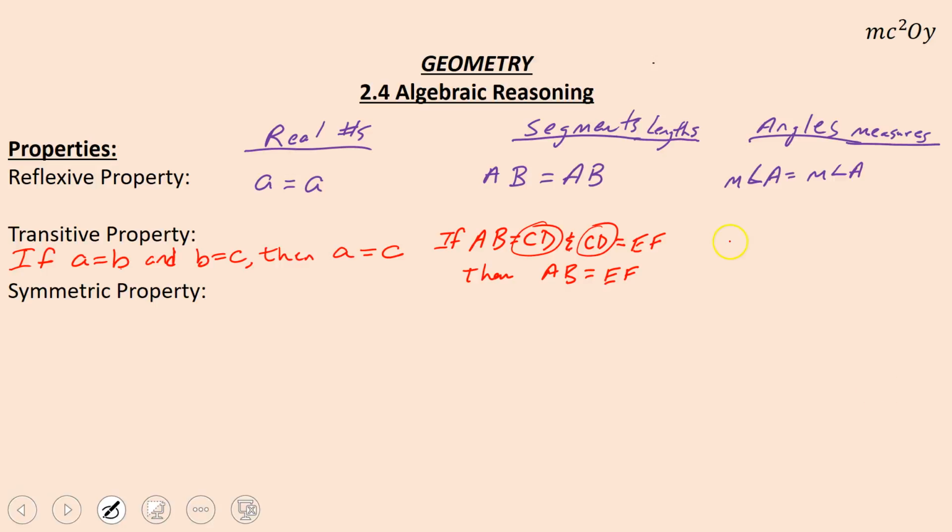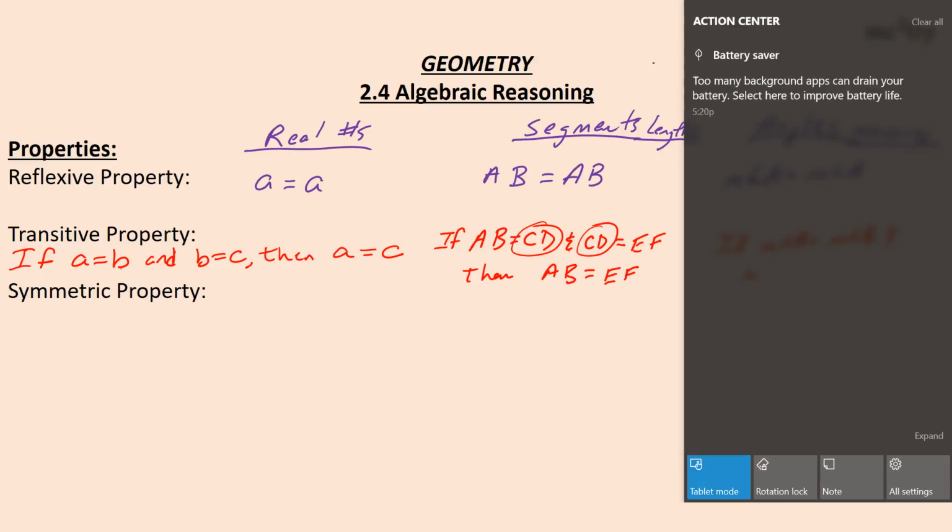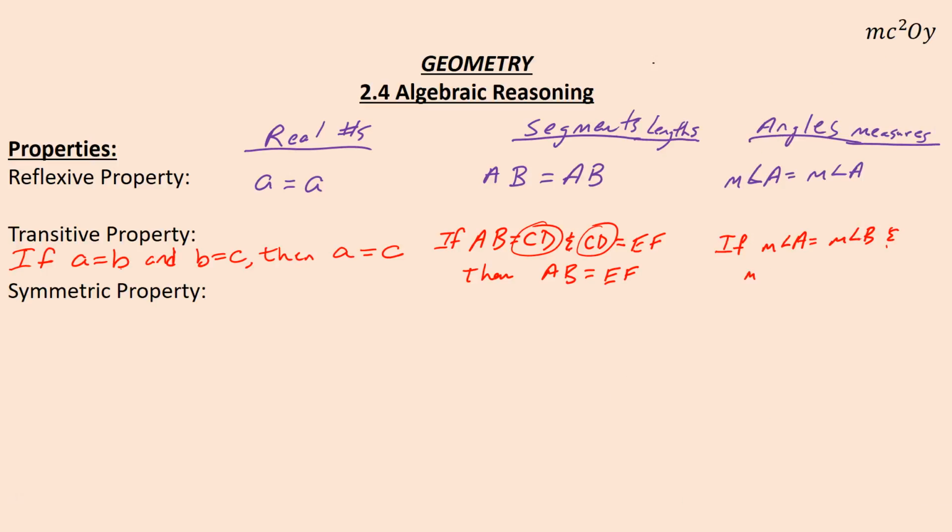And then in terms of angles, we'd say if the measure of angle A equals the measure of angle B and the measure of angle B equals the measure of angle C, then the measure of angle A will equal the measure of angle C. All right, that's the transitive property.